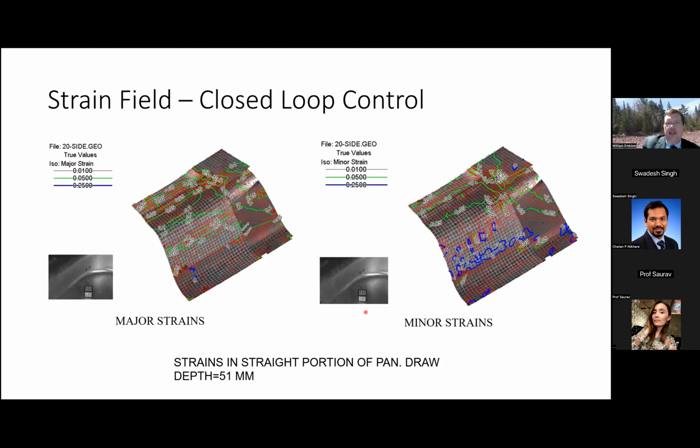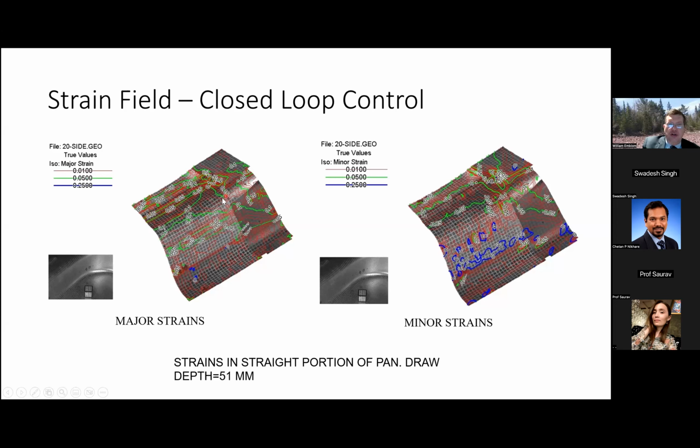So I wanted to dial in more on the different strain regions. I looked at the strains, and here's an isograph of the strains near the draw bead. You can see that they tend to be relatively parallel, and that actually makes sense. This is in essence a very large strip drawing section, even though it's part of the larger panel that's being formed.